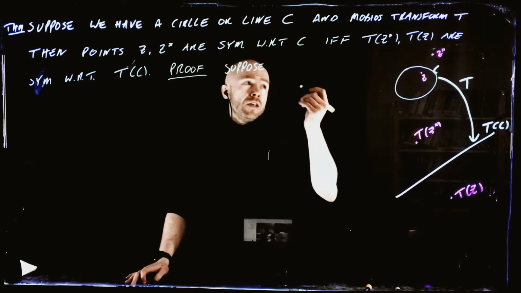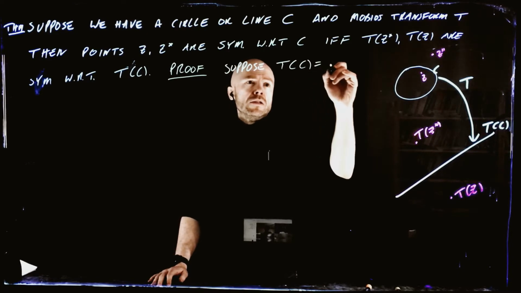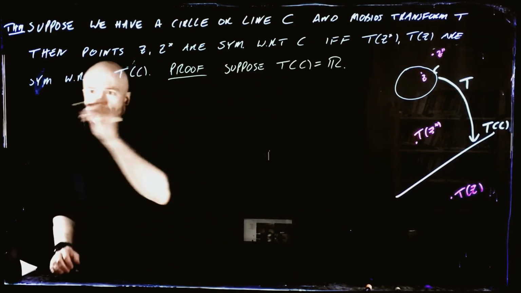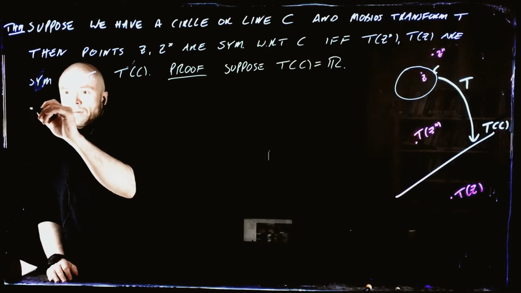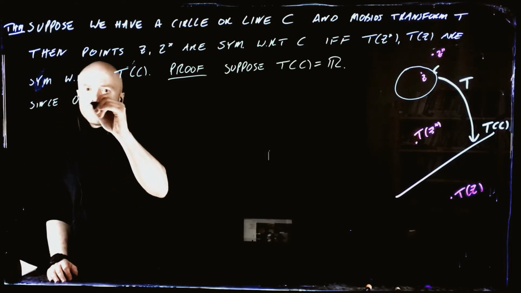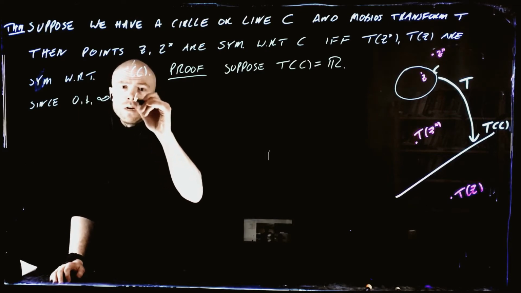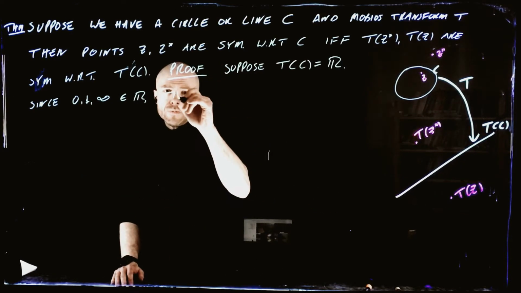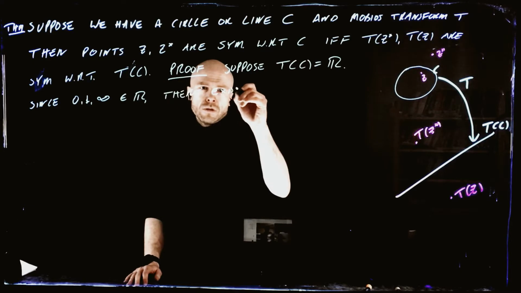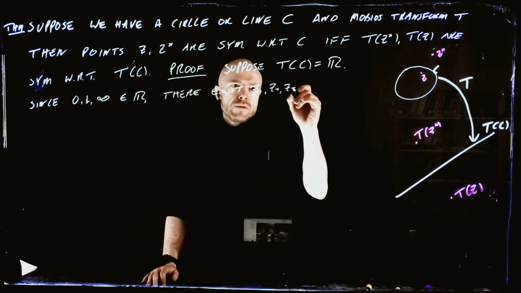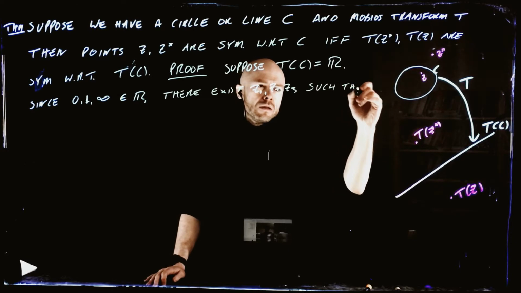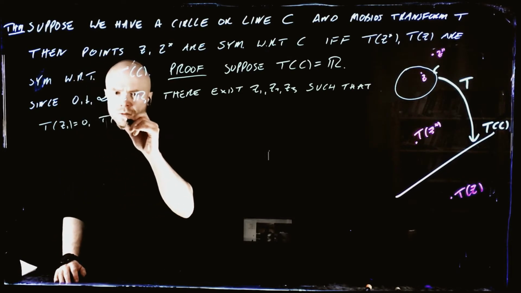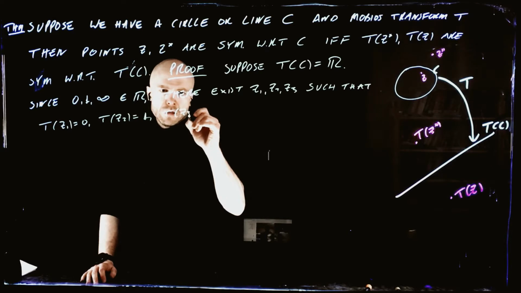Suppose that the image of our line or circle is equal to R. Now, notice since 0, 1, and infinity are all points on R, and T is an invertible mapping, there exist Z1, Z2 and Z3 such that T of Z1 equals 0, T of Z2 is equal to 1, and T of Z3 equals infinity.